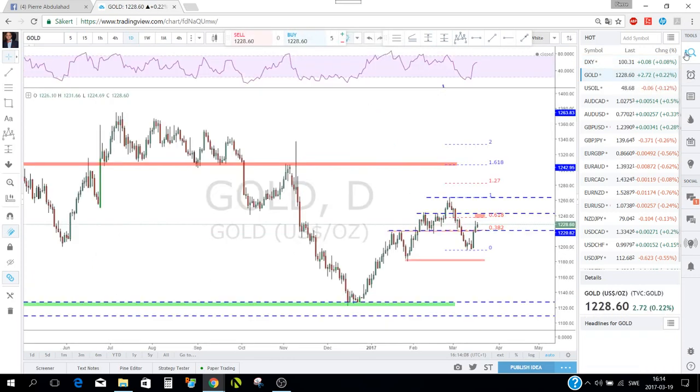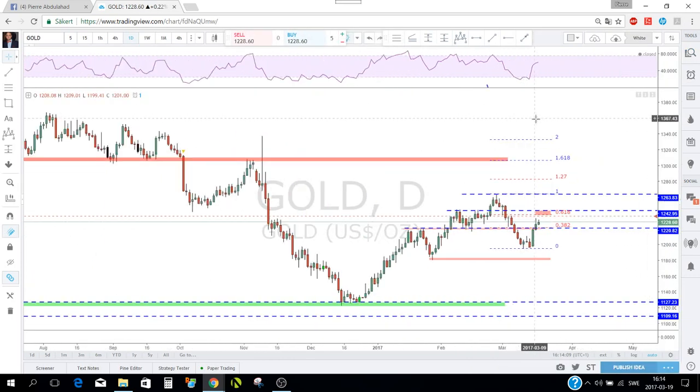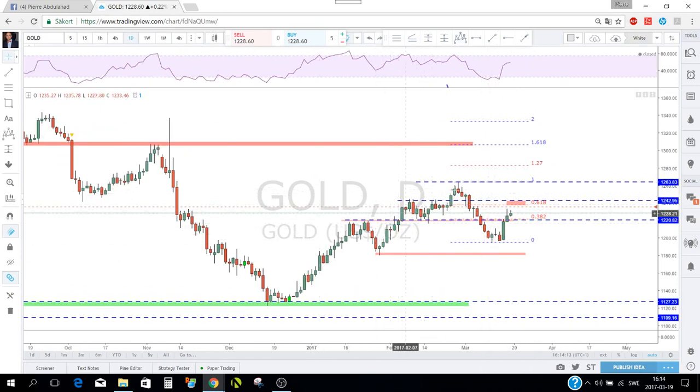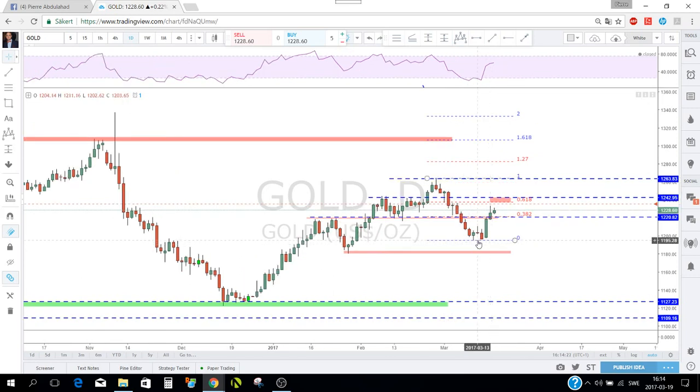Dixie. Gold, now this uptrend is clearly broken, and we had a very strong momentum to the downside, and then gold found some support here and give us a double bottom, and did another move to the upside after the news last week.